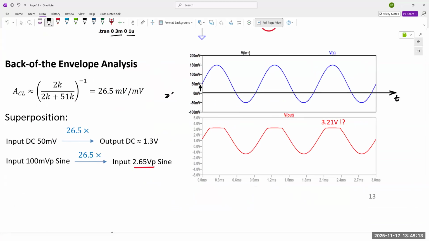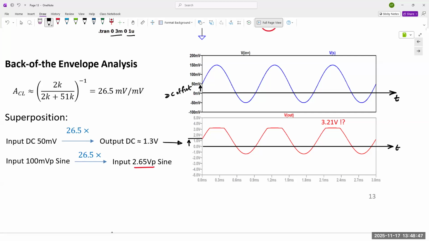Let me write down DC offset. So your op-amp is going to amplify that DC signal also, right? And so at 50 millivolts, that's the 0 line. That's the actual line. Shifted upwards by 1.3 volts.